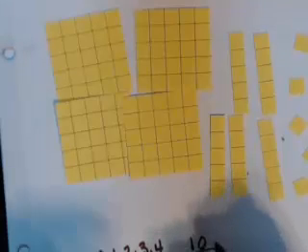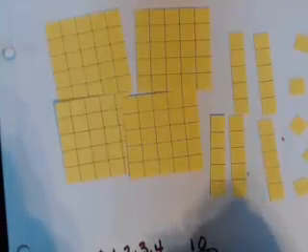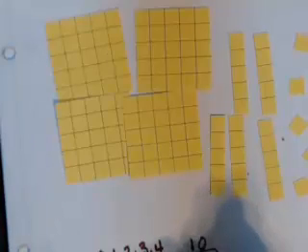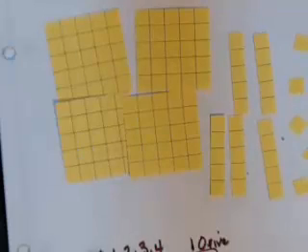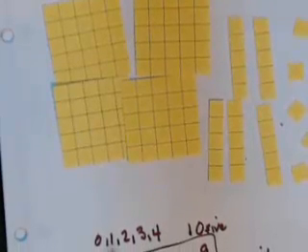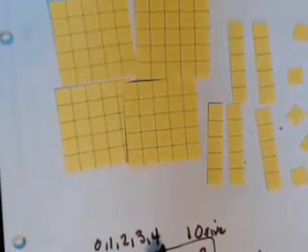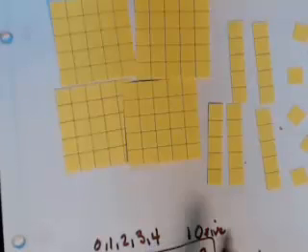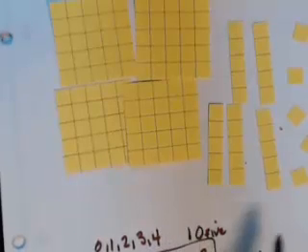So 5 is 10 base 5. You have the digits 0, 1, 2, 3, 4, and then 5 is 1, 0, base 5.